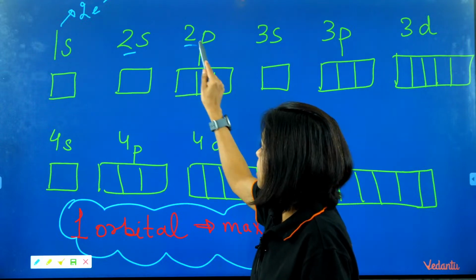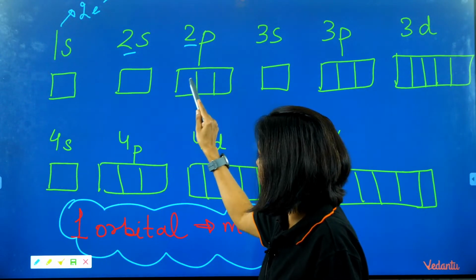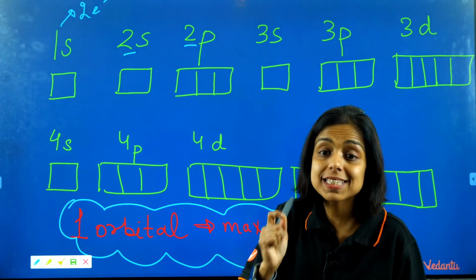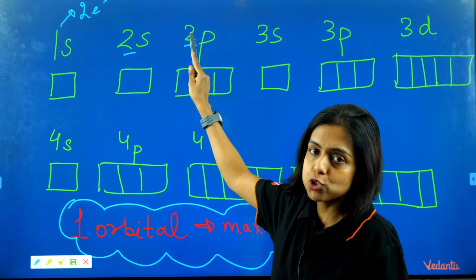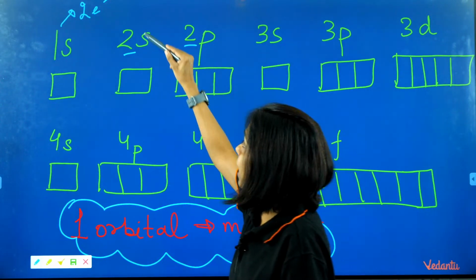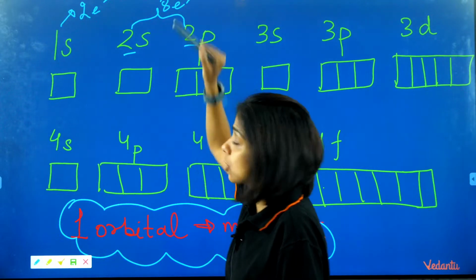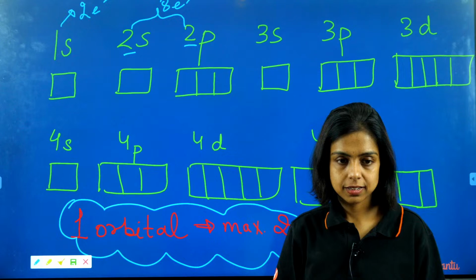It has 1 box, 2 box, 3 box, 4 box. Total 4 boxes, 4 orbitals in the second shell: 1 orbital in S and 3 in the P subshell. That means in total, I can fill 8 electrons in the second shell because it has 4 orbitals.